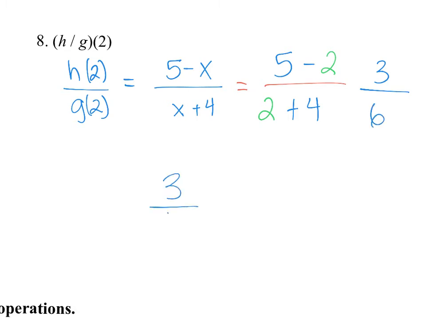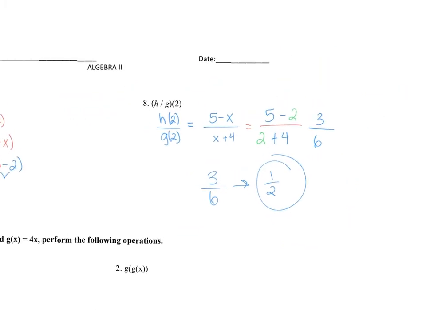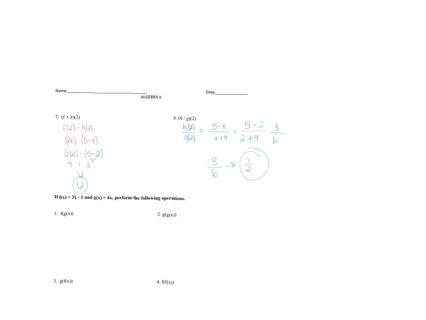Okay? 3 over 6. Can this be reduced? Yes. To what? 1 over 2. Good. That's your answer, right? Because 3 can fit into both of these numbers. Okay? All right. Now, I want you to go and do the 6 on your own at the bottom.